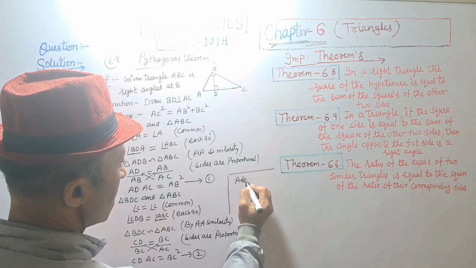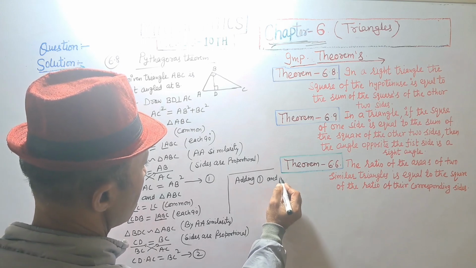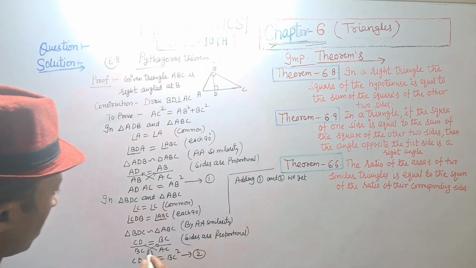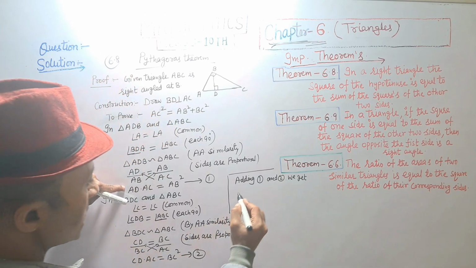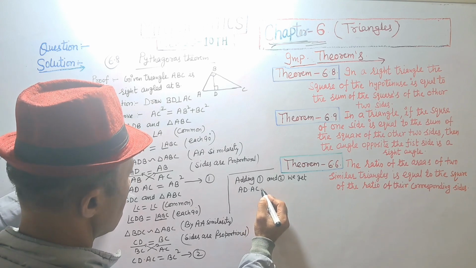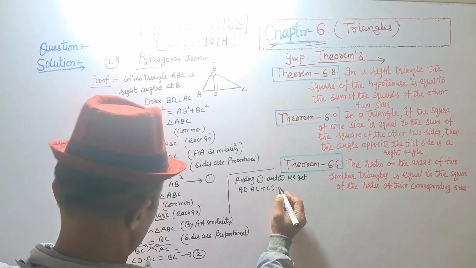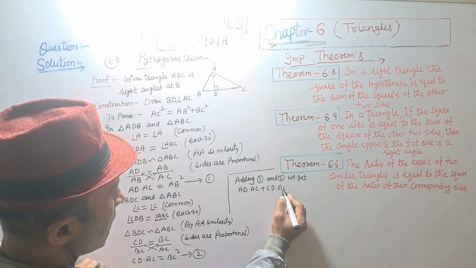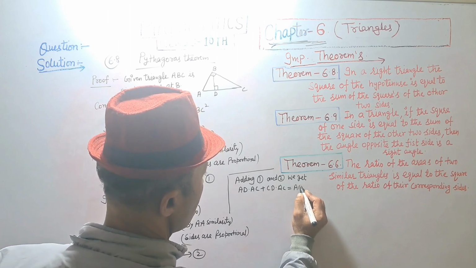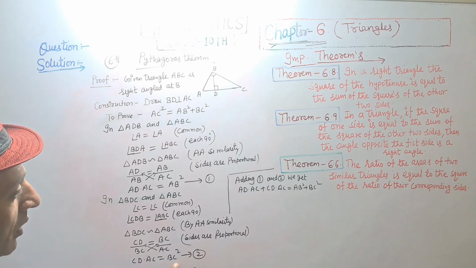Adding first and second, we get AD into AC plus CD into AC is equal to AB square plus BC square.